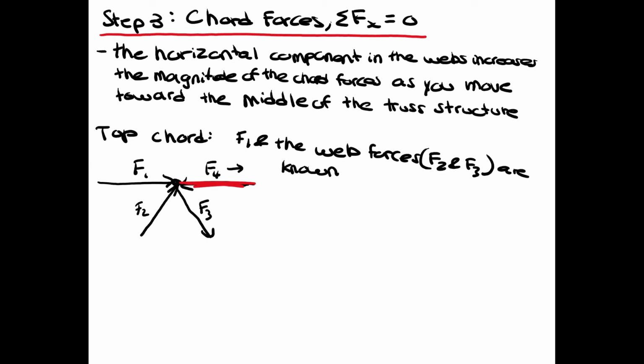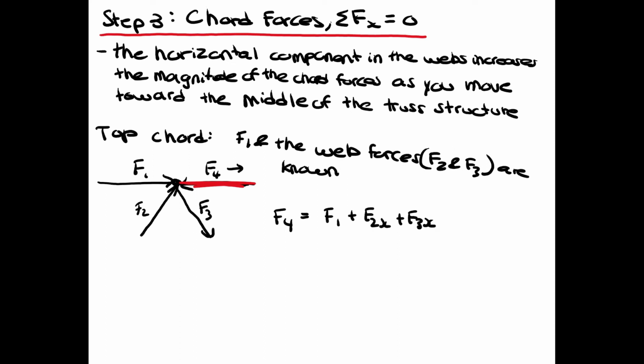If we do know what they are, and we want to find the next chord over, which is F4, we can say that F4 is equal to F1 plus F2x plus F3x.